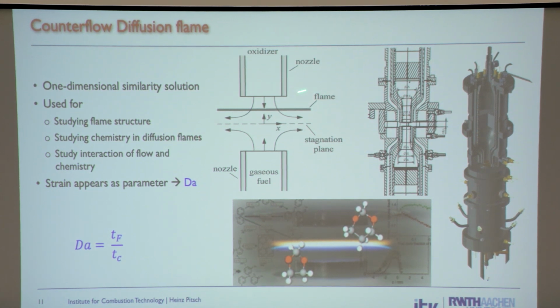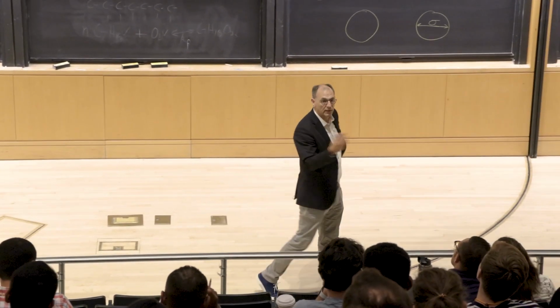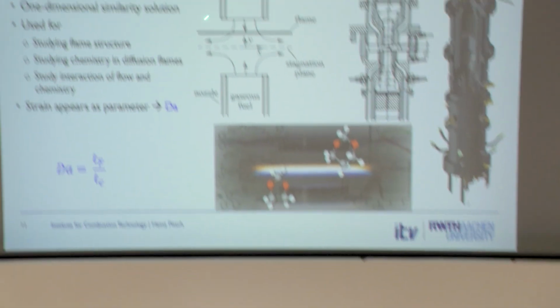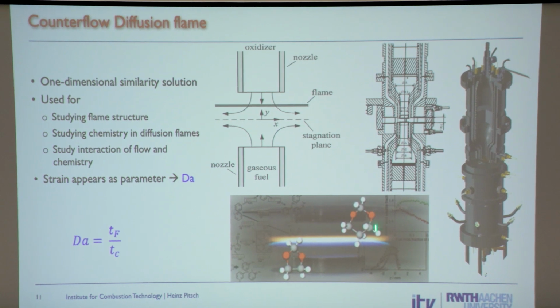Typically, we said the stoichiometric mixture fraction is 0.05 and pure air is 0, so it's usually very close to the pure air, and this typically sits on the lean side of the stagnation plane. You have a flat flame, and this is shown here.